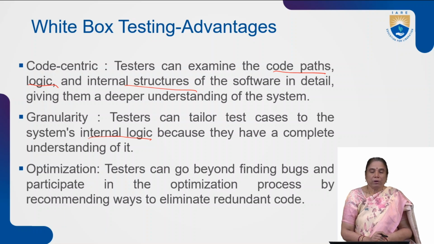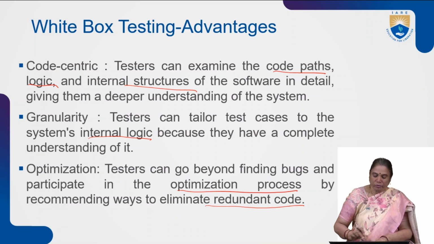The next advantage is optimization. The tester can go beyond finding bugs and participate in the optimization process by recommending ways to eliminate redundant code. The duplicate areas of the code can be removed, so that the optimized code or optimized path of execution can be identified with the help of white box testing.